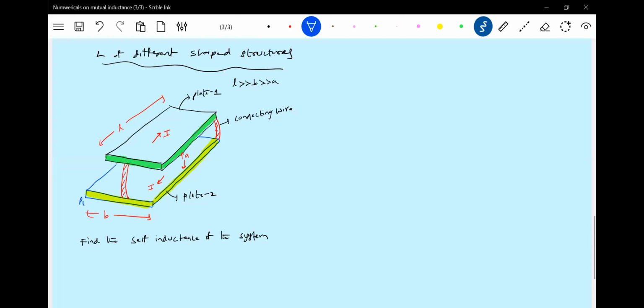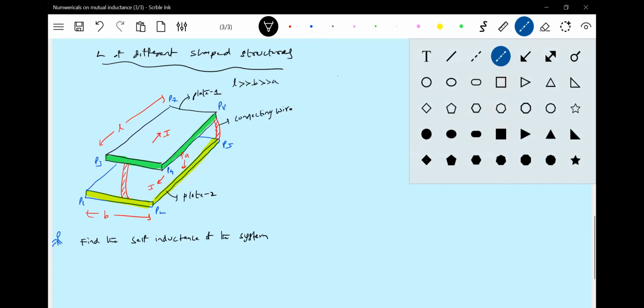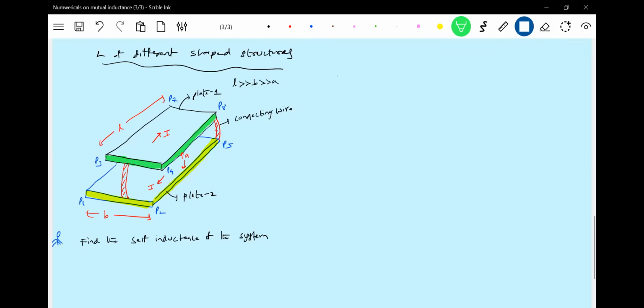Let me choose these as P1, P2, P3, P4, and this as P5, P6 not visible, P7, P8. Then you can see current carrying sheets. The upper plate is one current carrying sheet and the lower plate is another.